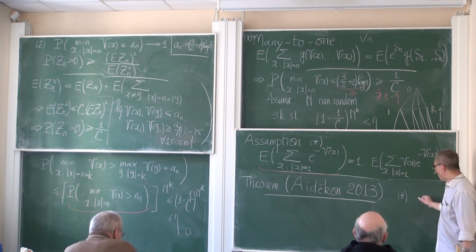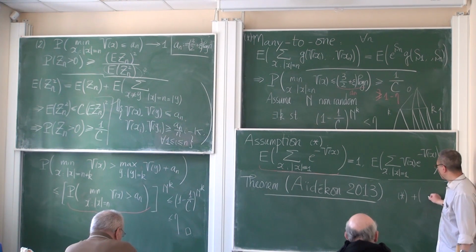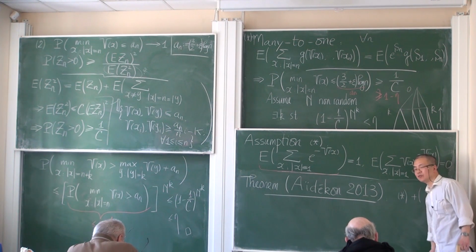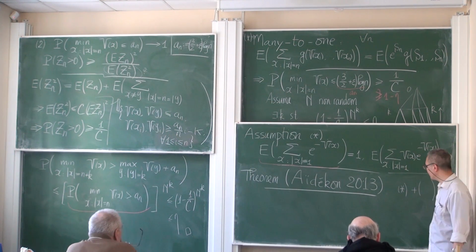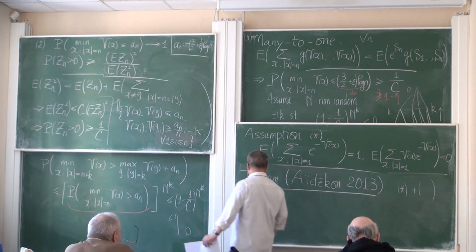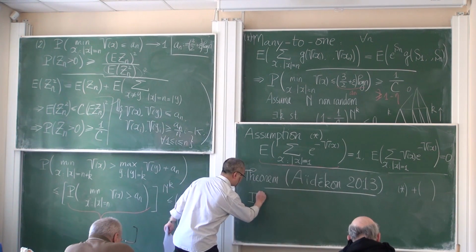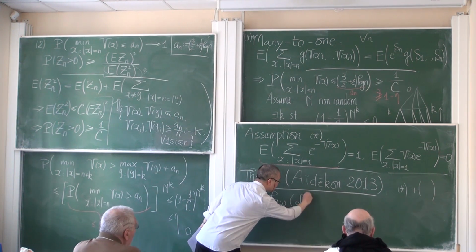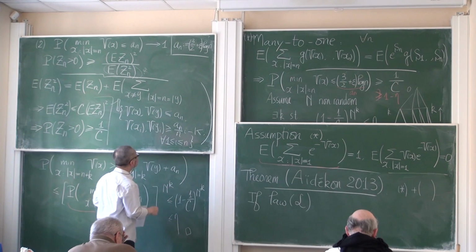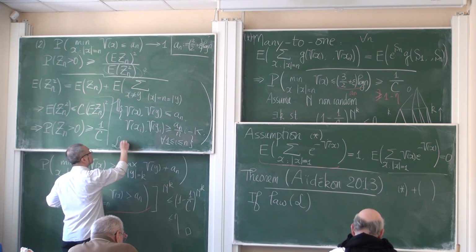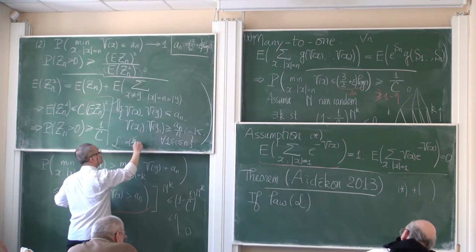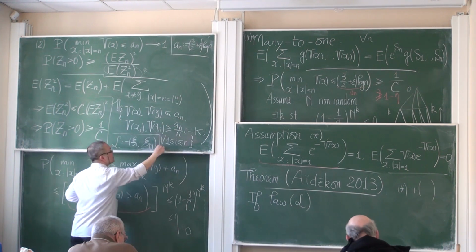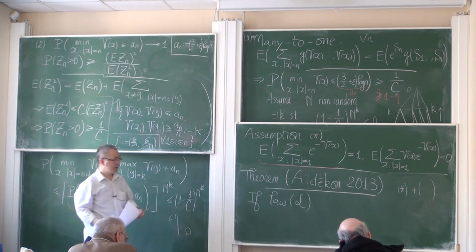Under the assumption star plus exactly the same integrability conditions, which I'm not going to mention, and if the law of capital L is non-lattice... So I remind you that capital L is the random vector xi_1, xi_2, ..., xi_N, right? It's the random vector which determines the law of the branching random walk. Yes?